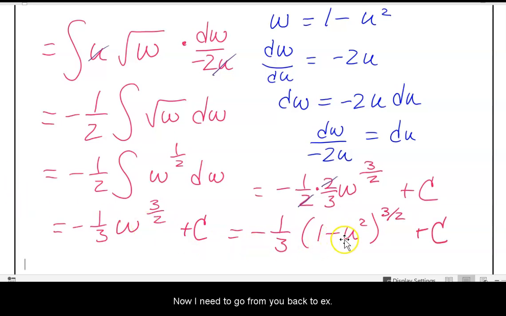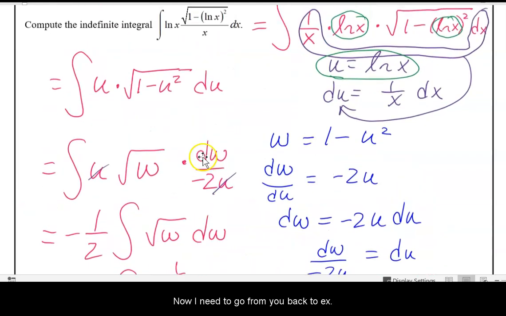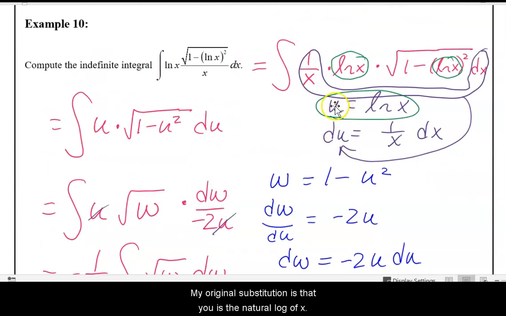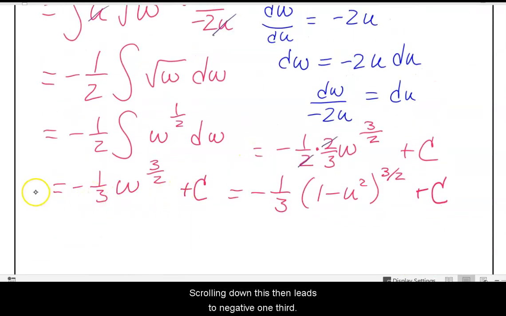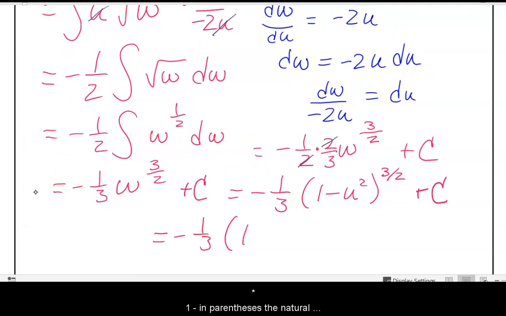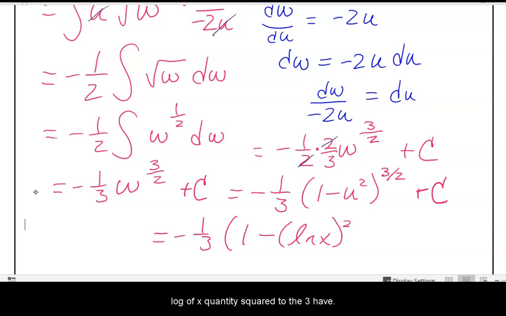Now I need to go from u back to x. My original substitution is that u is the natural log of x. Scrolling down, this then leads to negative 1/3 times 1 minus, in parentheses, the natural log of x quantity squared to the 3/2 plus a constant.